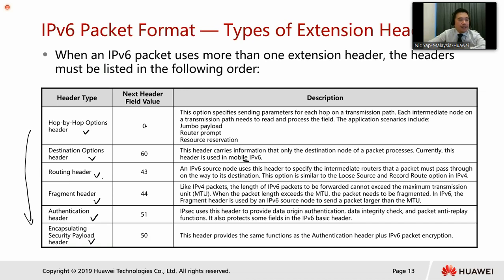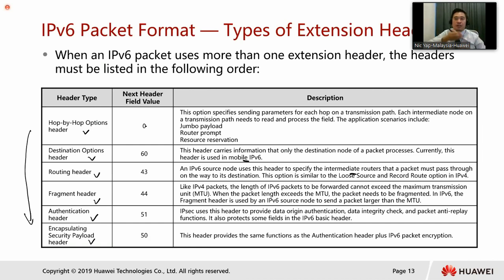For routing headers, it means that they're going to use the header to specify the intermediate routers that a packet must pass through on the way to the destination. This option is similar to the loose source and record route option in IPv4. It means that you tell the traffic it must pass through this device before it reaches the destination.